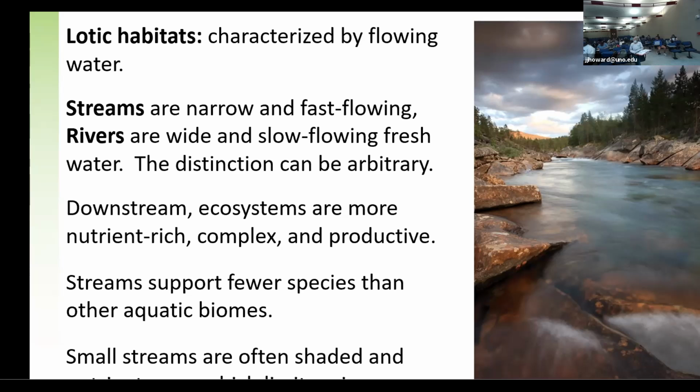So downstream towards the mouth of a river or stream, you have a whole drainage basin emptying into the stream all along its course. And what that means is that by the time you get to the mouth of that stream or river, you've had an opportunity for a lot of things to have been washed into the river.